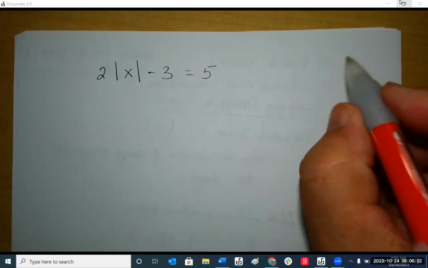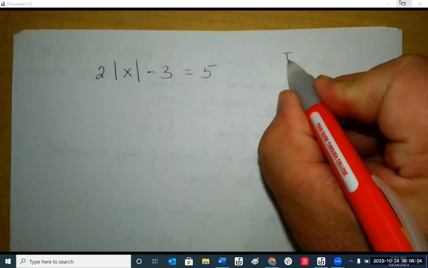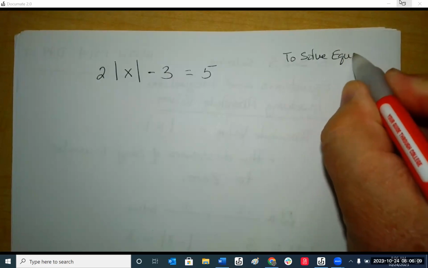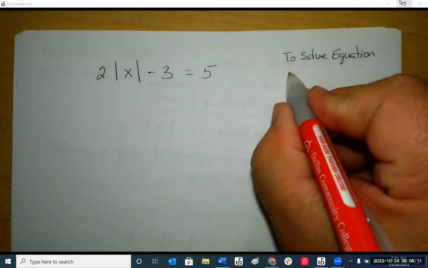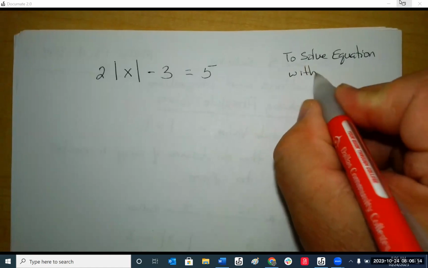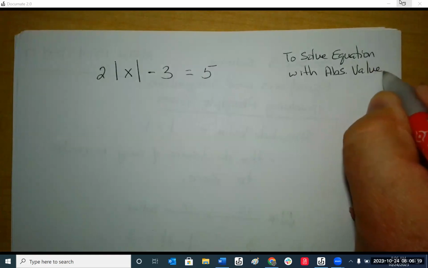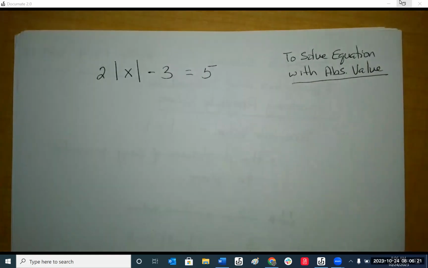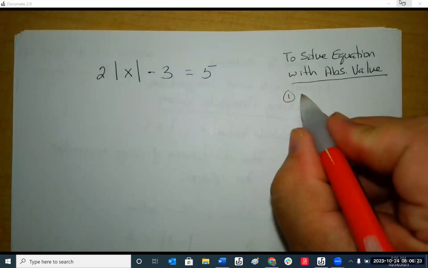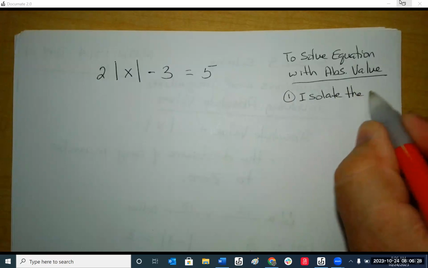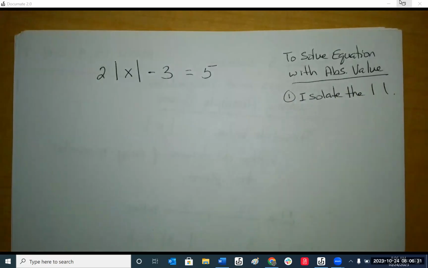To solve absolute value equations with absolute values, first step, isolate the absolute value. Let's get rid of everything first that's around the absolute value.